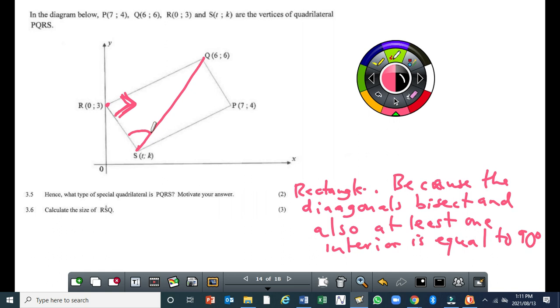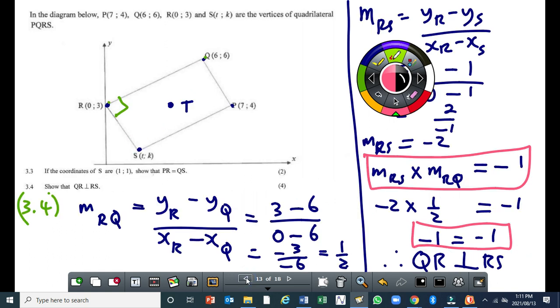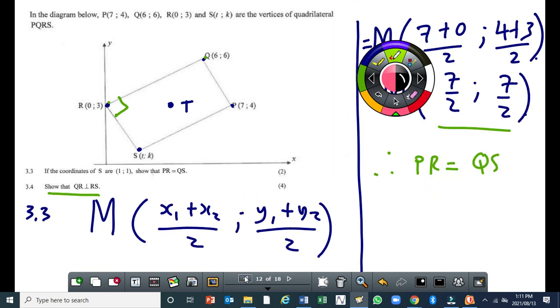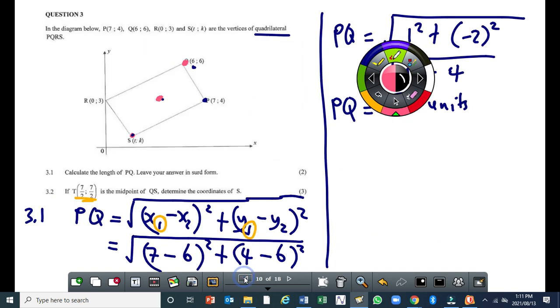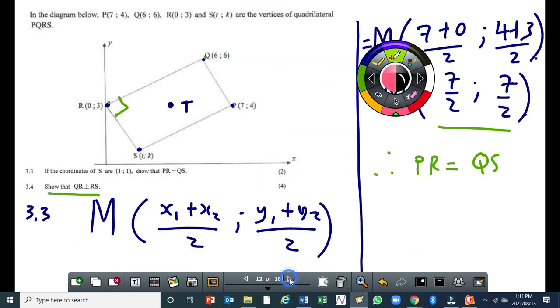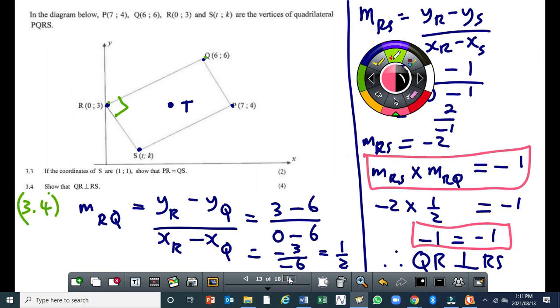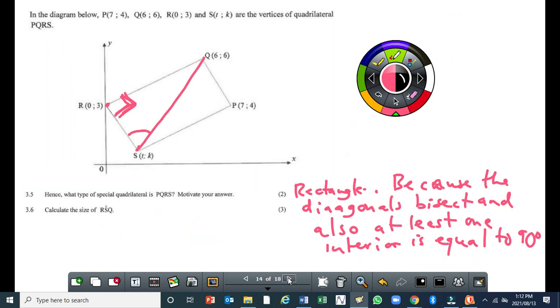Let me check if I calculated it before. I didn't calculate the length of QR. So I'm going to calculate the length of QR, and I'll also calculate the length of RS. Then I'll use trig ratios.